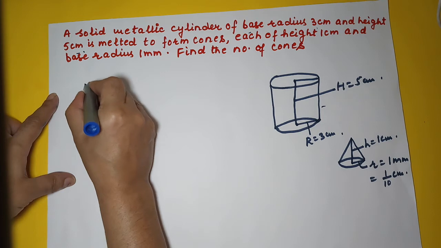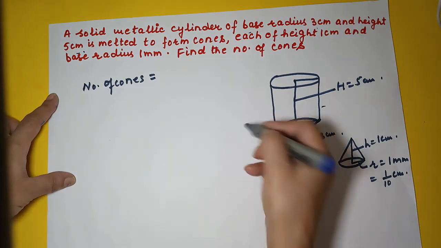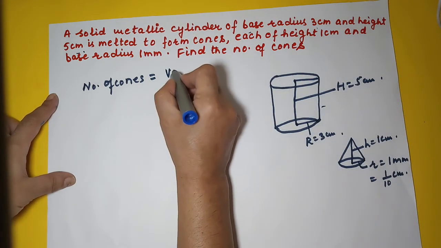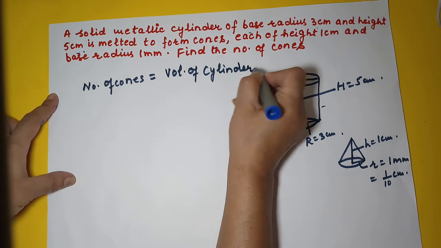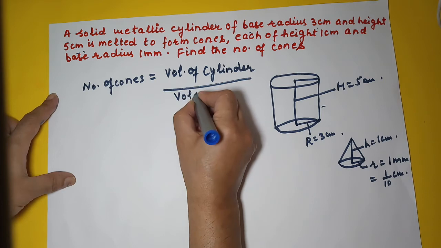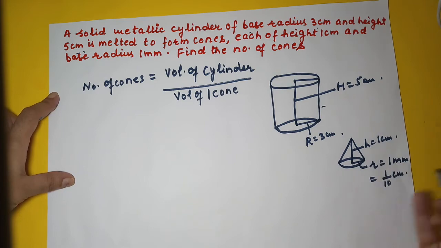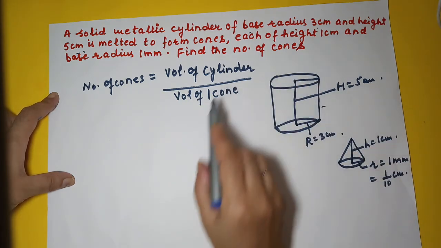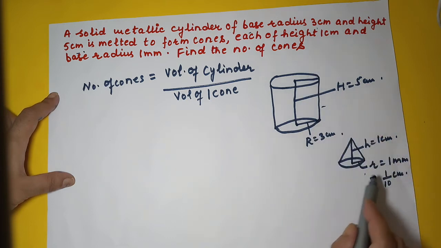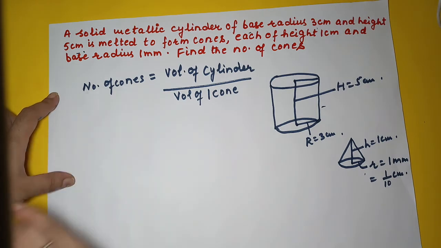So the number of cones that can be created out of melting this cylinder will be volume of cylinder divided by volume of one cone. That is what you have to remember. You don't know how many cones are formed, so if you divide the volume of this entire figure by the volume of one figure into which it is converted, you will get the number of those figures, say for example, cones here.